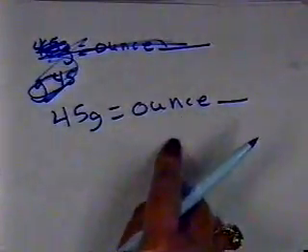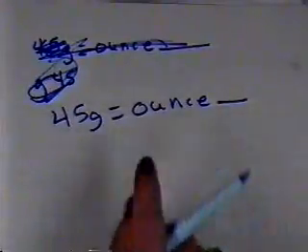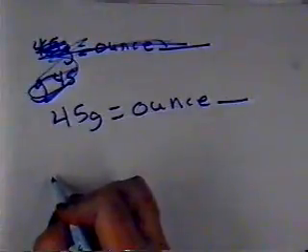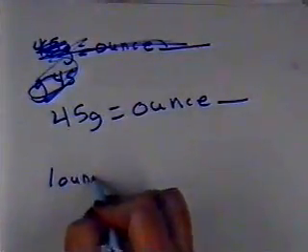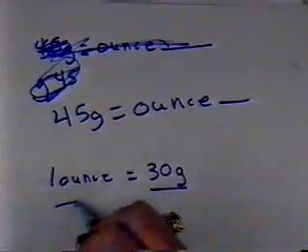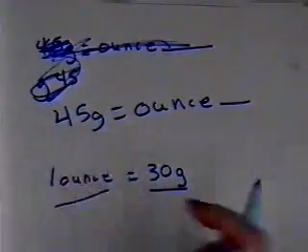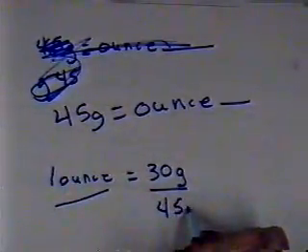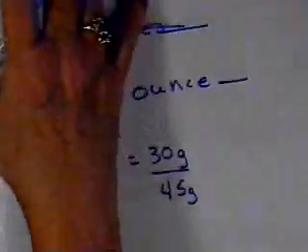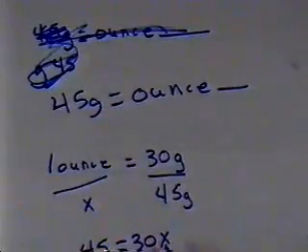Grams to ounce. So what's the conversion from grams and ounces? 30 grams, 1 ounce is 30 grams. Now, it doesn't matter which one you write first. The 45, though, has to go under the grams. So 45 is 30x.